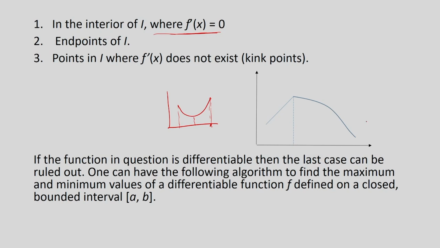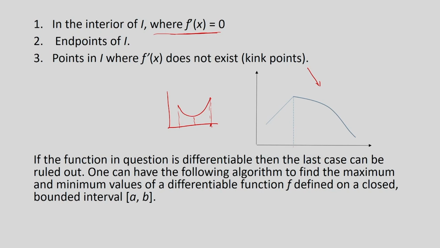So, here is an example of that, right. You have a continuous function defined over a bounded closed interval. You have a point which is an interior point, but this is a point where you have a kink in the graph of the function, and so the first derivative is not defined. So, this is the third possibility.